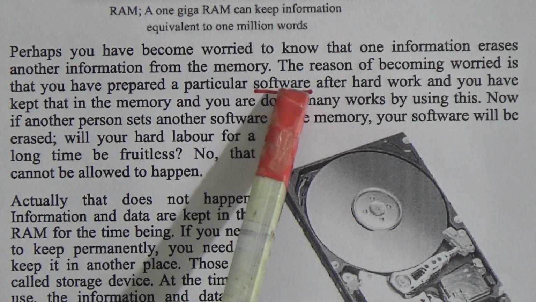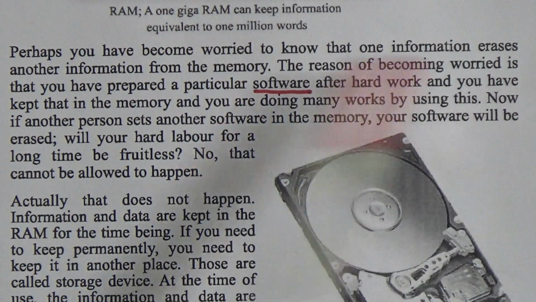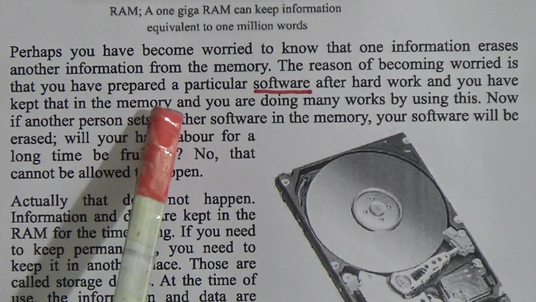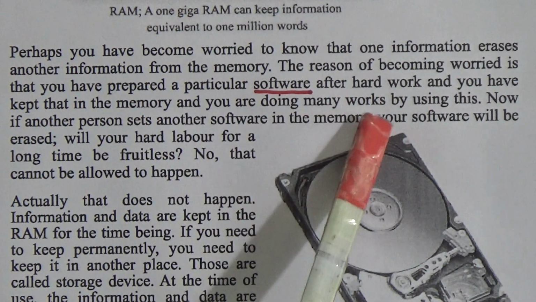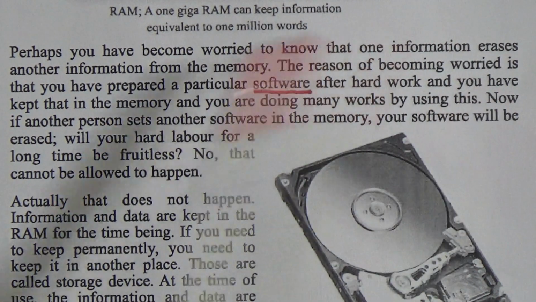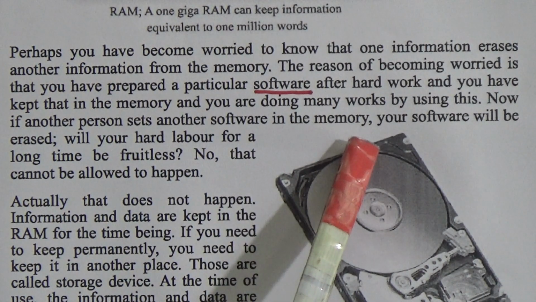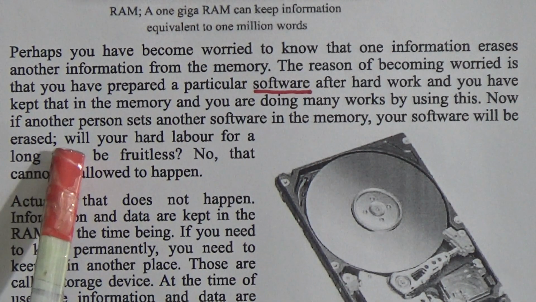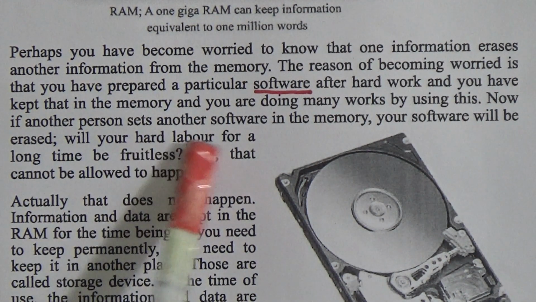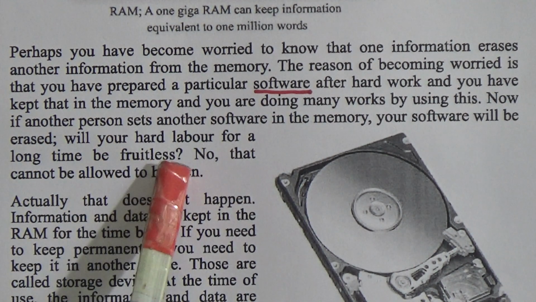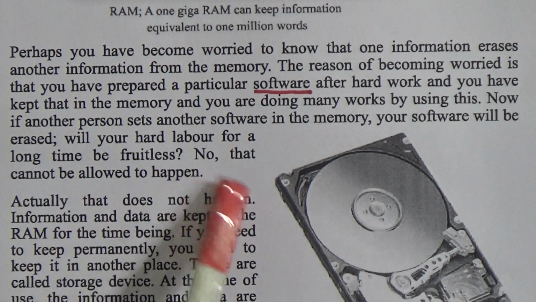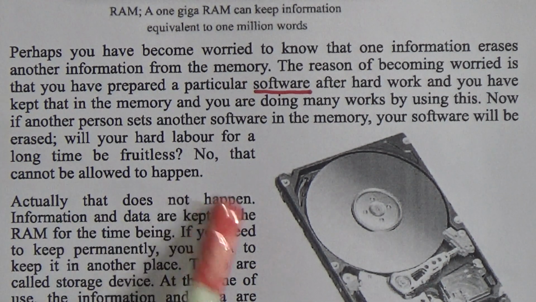You have made that software after hard work, and you have kept that in the memory, and you are doing many works by using this. Now if another person saves another software in the memory, your software will be erased. Will your hard labor for a long time be fruitless? So that cannot be allowed to happen. Actually, that does not happen.